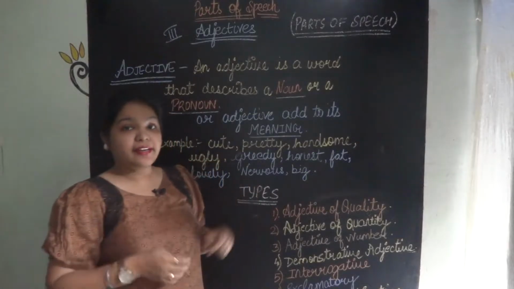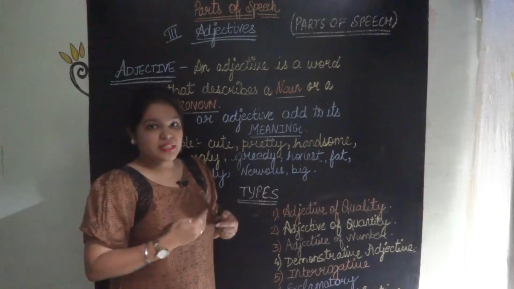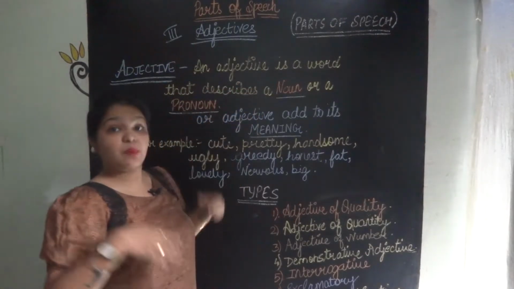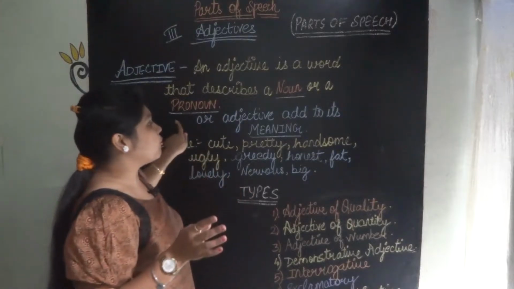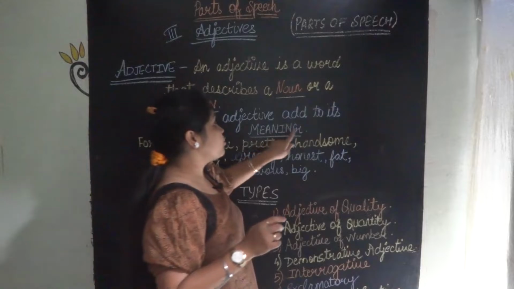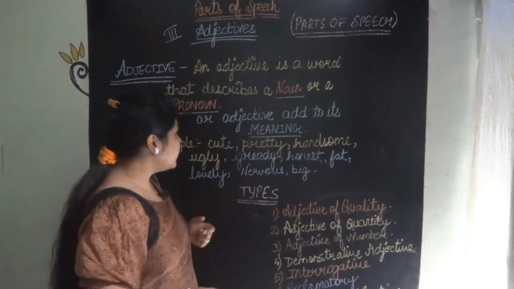It gives a characteristic, quality. An adjective is a word that describes whom? A noun or a pronoun. It adds to its meaning.